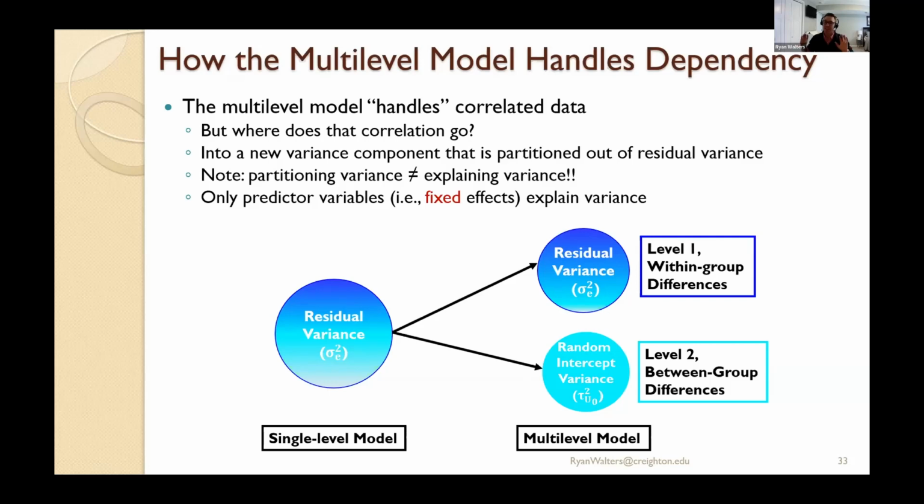The only thing that explains or reduces variance components are the fixed effects from predictor variables. When we include a random effect in the model for the variance, we are not explaining or predicting anything. We are just partitioning variance out, identifying the excess correlation that needs to be accounted for. Okay, so again, the residual variance is going to be lower from your linear regression model to your multi-level model, but that is not something that you want to calculate R-squared on.